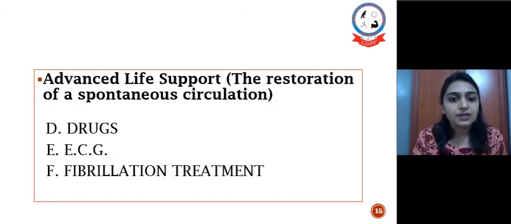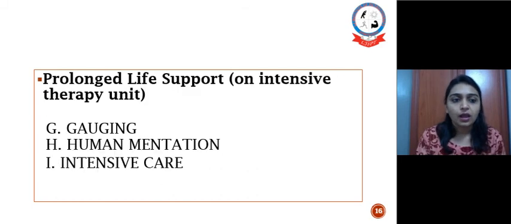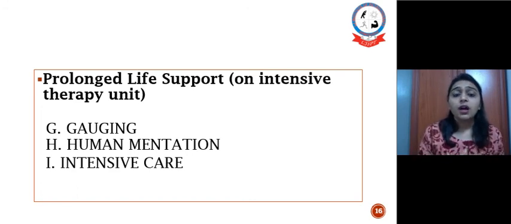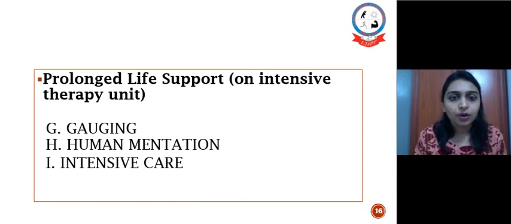Next is advanced life support, where D is drugs, E is ECG, and F is fibrillation treatment. Then prolonged life support, where G is judgment of the outcome of basic and advanced life support, and H is human mentation, where we maintain the regained circulation in intensive care.